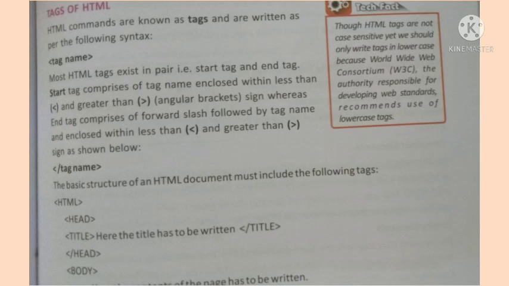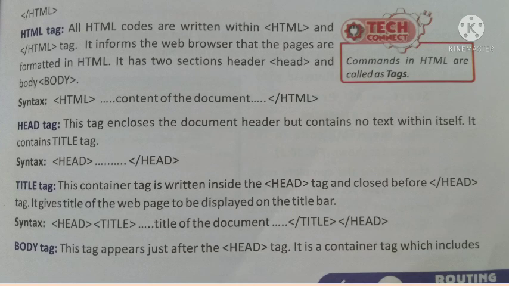Next, closing the head tag. Next, the body tag. Here the content of the page has to be written, then close the body tag and close HTML. Here all HTML code is written within the opening HTML and closing HTML tags.